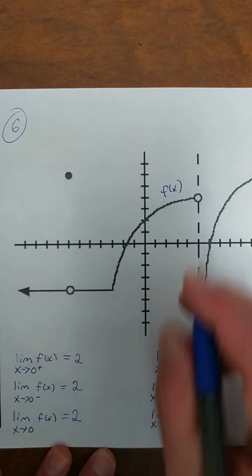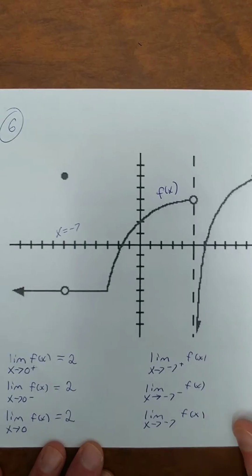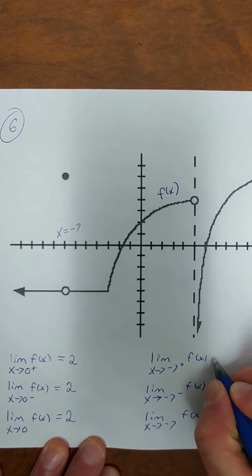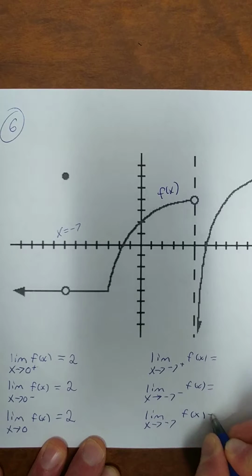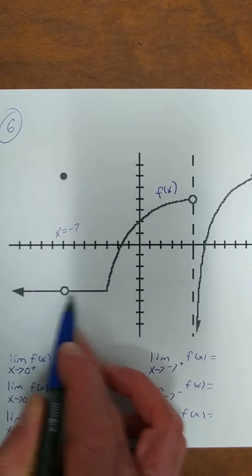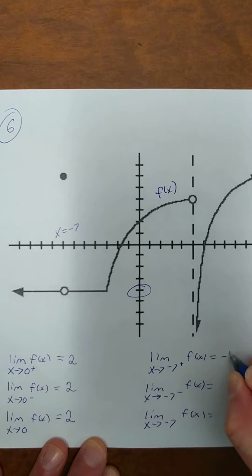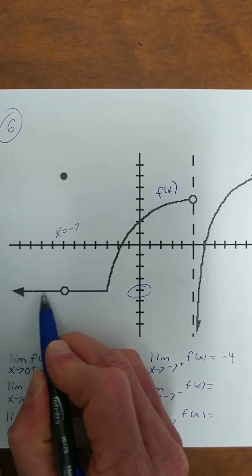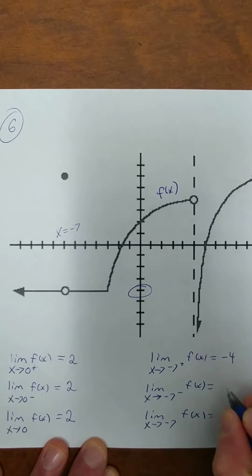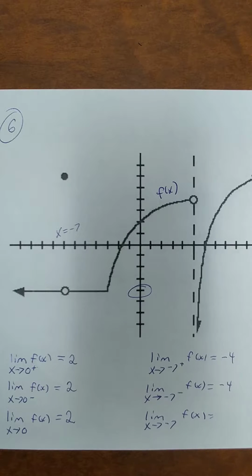Now at -7, notice that coming from the right, again, we're approaching what appears to be -4. And coming from the left, same thing. It appears that the limit of the function is approaching -4.